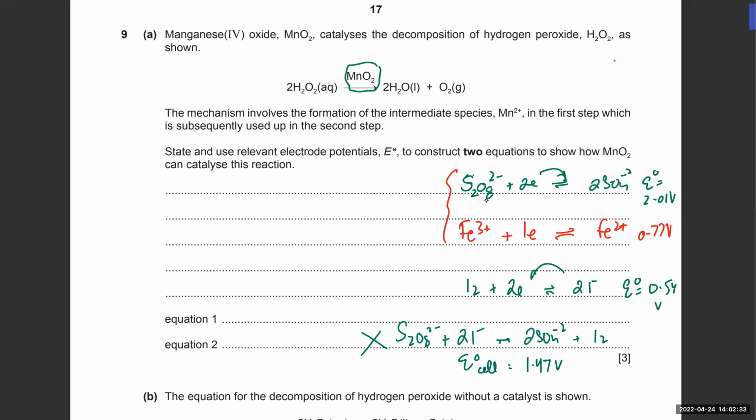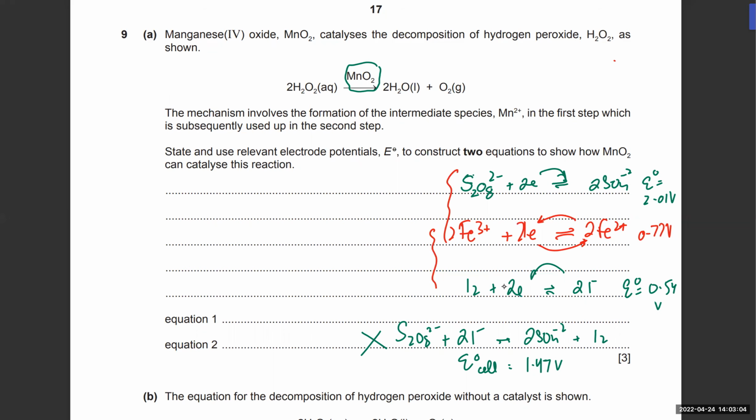Let me multiply this by 2. These two will react, and Fe is the lower potential, so it loses electrons and the other one gains electrons. Then the Fe ions will also react with iodine, but in that case iodine is the lower potential, so it loses electrons and the Fe ions gain electrons. So you get 2 separate equations, and the overall change in Fe remains the same.